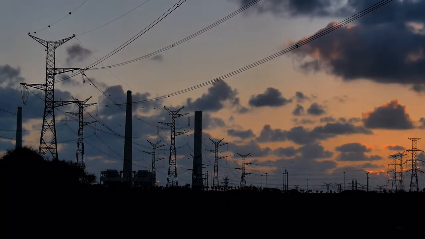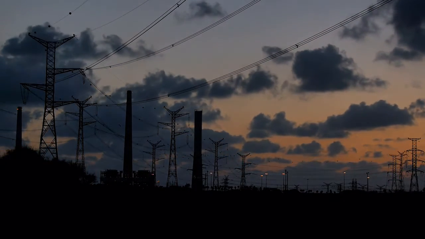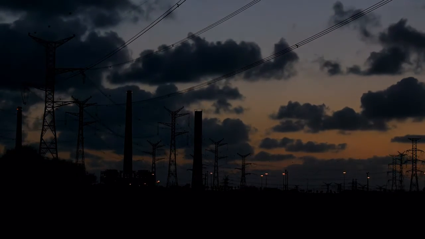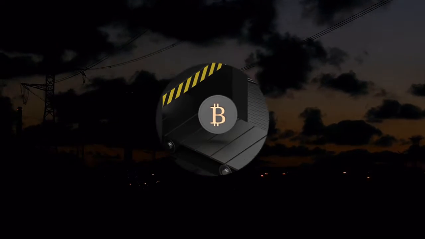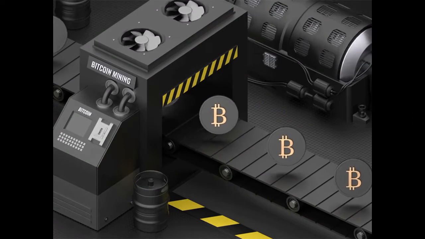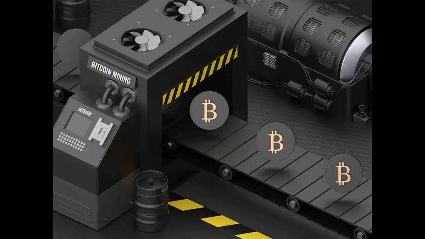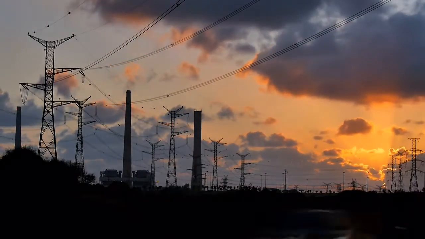The power of mining. The Cambridge Bitcoin Electricity Consumption Index estimates the Bitcoin mining network consumes almost 70 terawatt hours (TWh) of electricity per year, ranking it the 40th largest consumer of electricity by country.